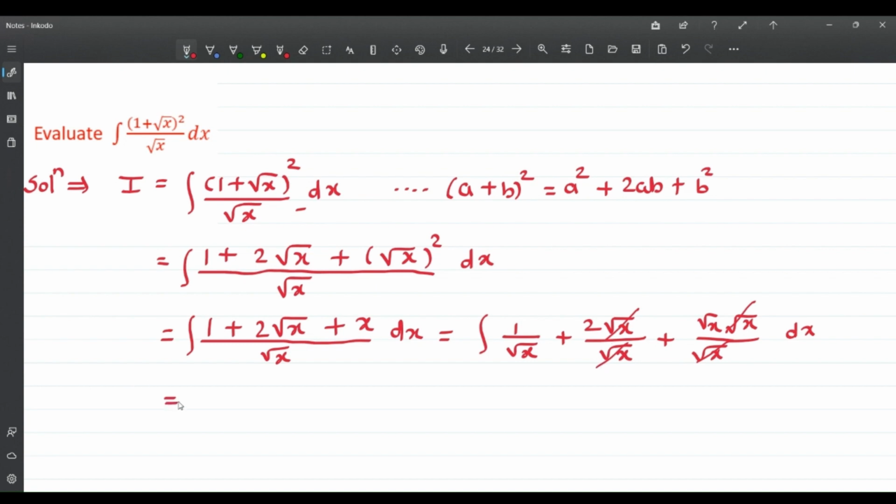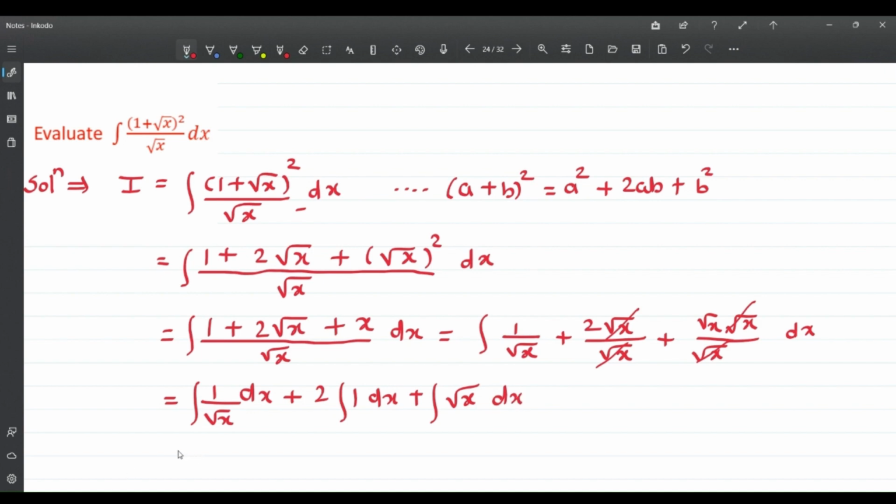Now we'll separate each term of the integration: 1 upon root x dx plus 2, which is a constant, integration of 1 dx, plus integration of root x dx.